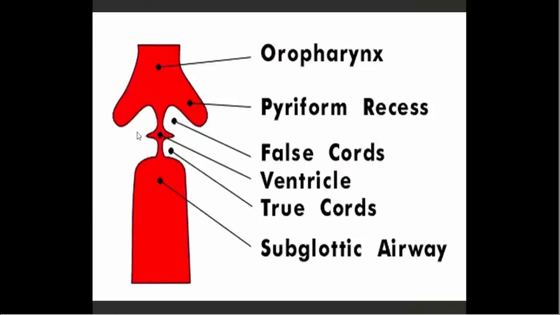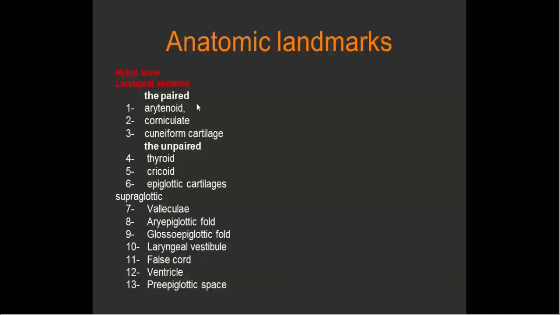See in this diagram, this is the oropharynx, and this is the piriform recess, false vocal cord, laryngeal ventricles, true cord, subglottic airway. Anatomic landmark, hyoid bone. We are talking about the laryngeal skeleton, either paired bone or supraglottic.